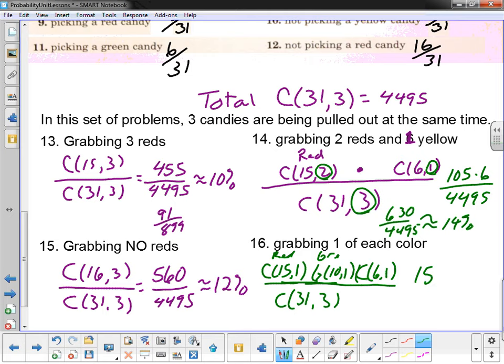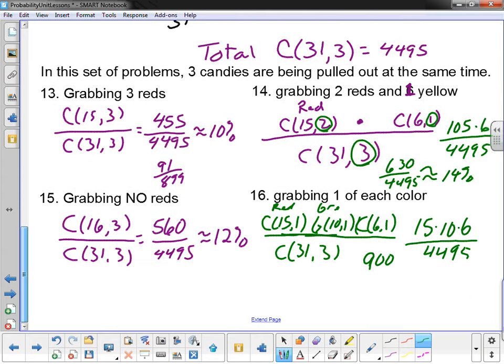So that gives me a 15, a 10, and a 6. I multiply all those, and it goes over the 4,495. If I multiply all those, I get 900. That's our highest value over the 4,495. So there's about a 20% chance of pulling one of each color rather than any of the others.